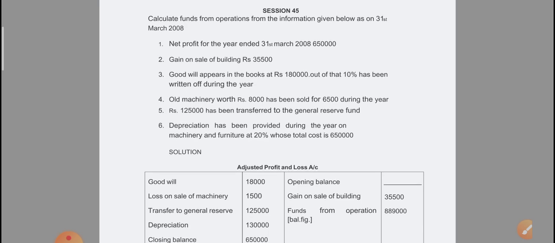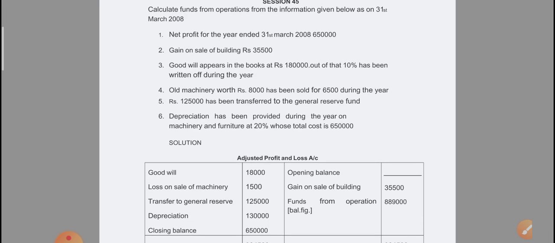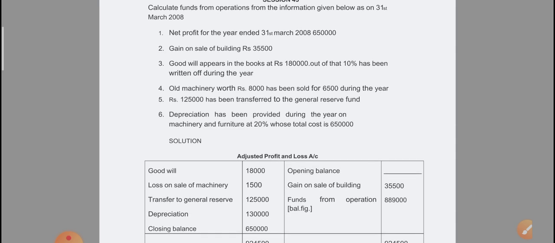Let's read out. Calculate funds from operation from the information given below as on 31st March 2008. Net profit for the year ended 31st March 2008 is rupees 6,50,000.